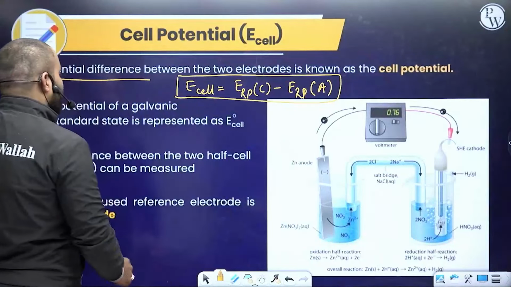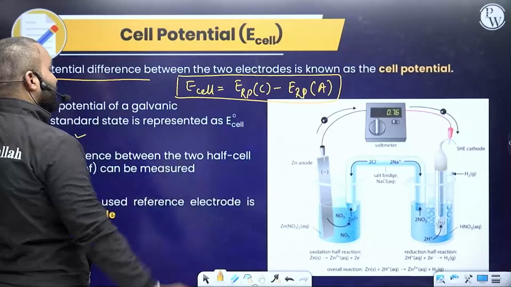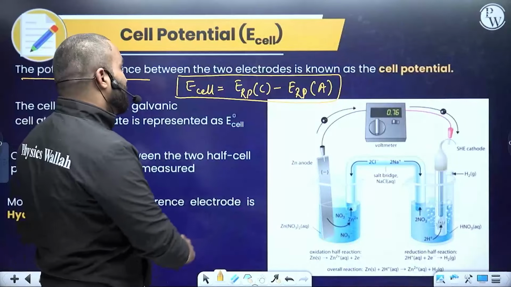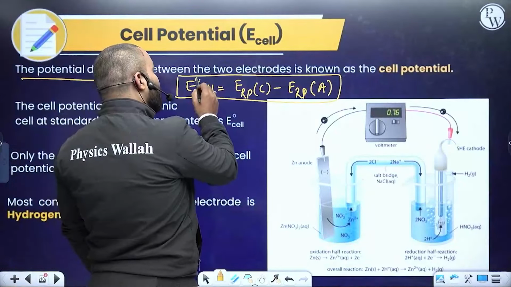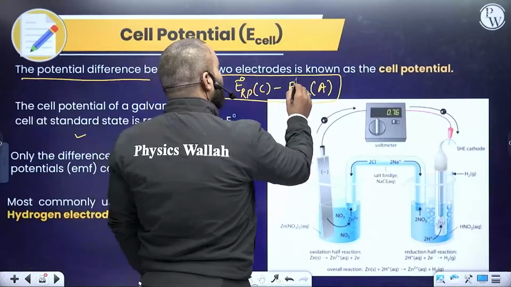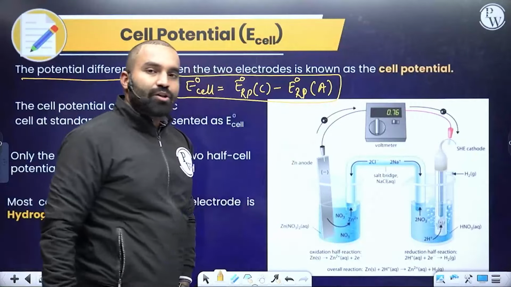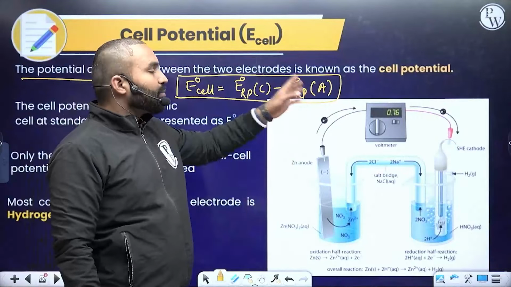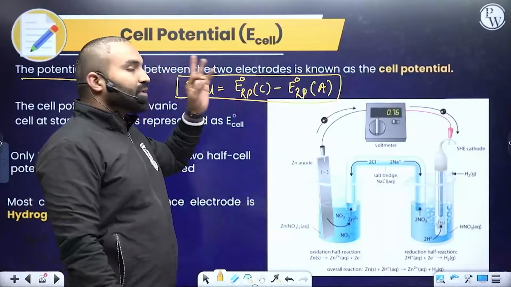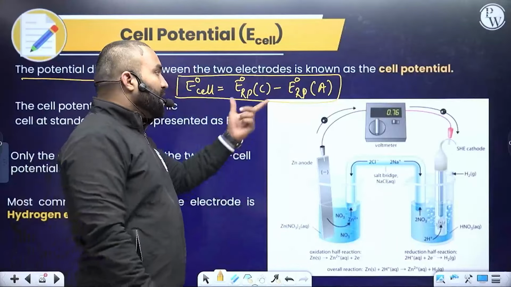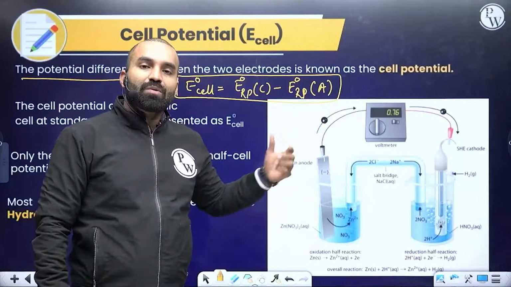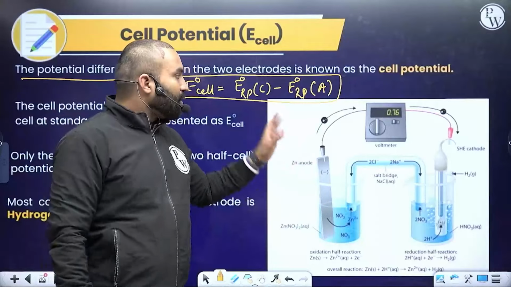Now the cell potential of a galvanic cell at the standard state will be represented by E naught. What does this naught represent? The concentration of the anodic compartment taken is 1 molar. The concentration of the cathodic compartment taken is 1 molar. The temperature at which these two compartments are operating is according to STP.